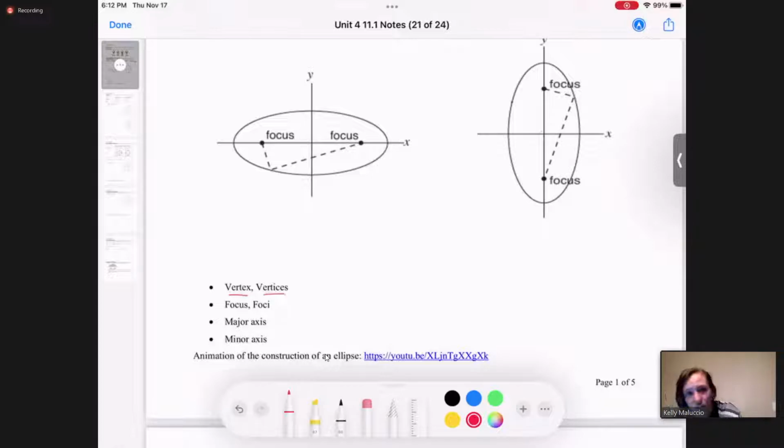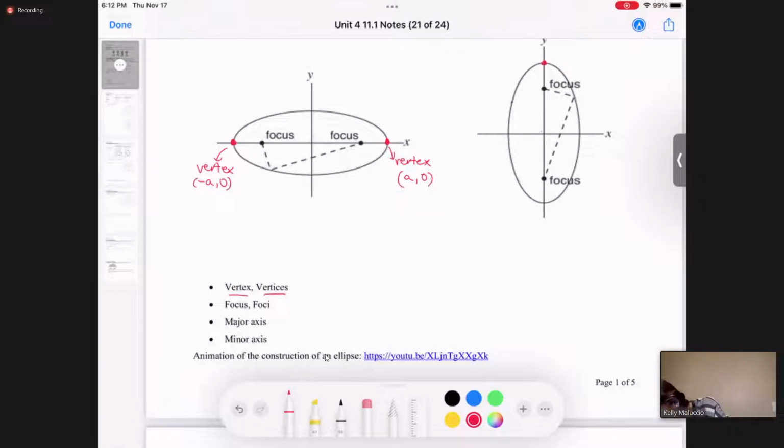So vertex, vertices, that's going to be the points at the end. Each of these, like this is a vertex, and let's say it's at a comma 0. This is a vertex, let's say it's at negative a comma 0. And then on the other one, same thing.